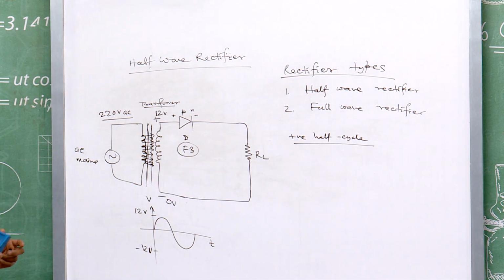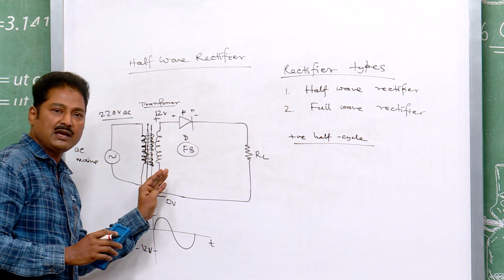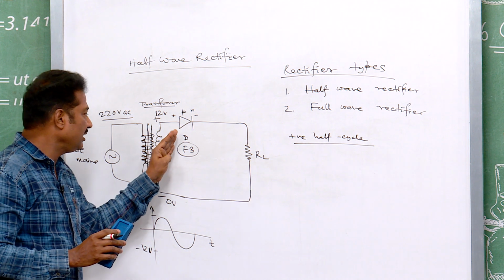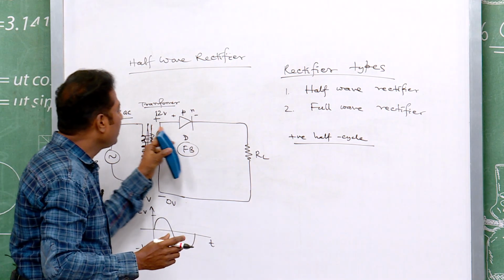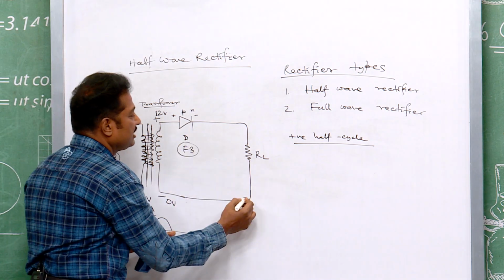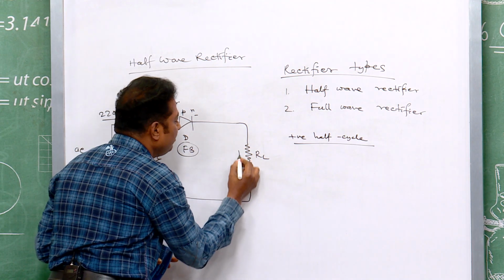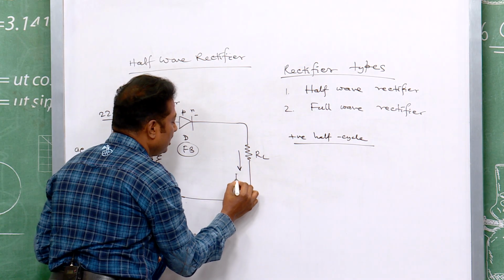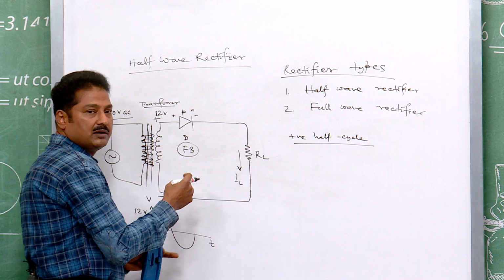During the positive half cycle, the diode is forward biased, and you know when it is forward biased, for an ideal diode, the resistance is 0 and the current will flow in the load circuit, load resistor. So, there will be current in this direction. You say I L, load current.